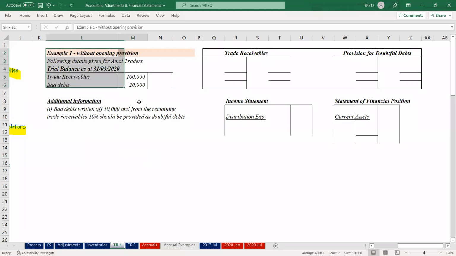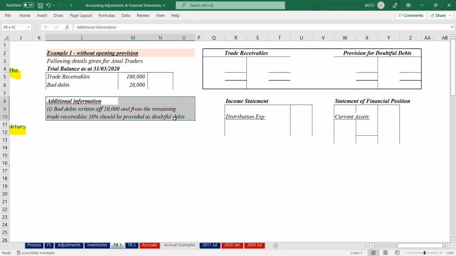Example 1, without opening provision. Following details are given for Amal Traders. We have a trial balance and additional information.